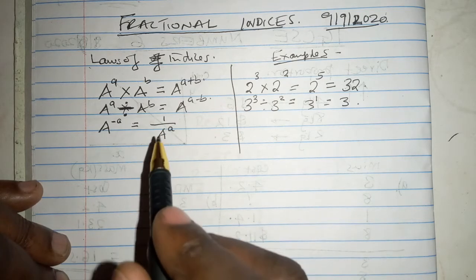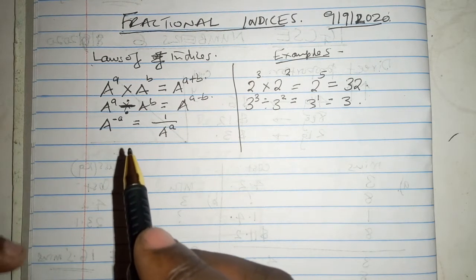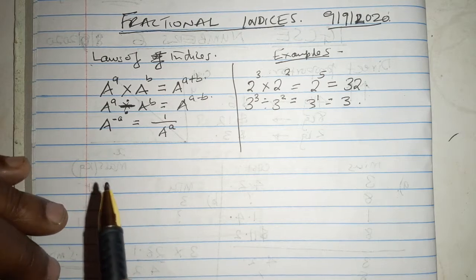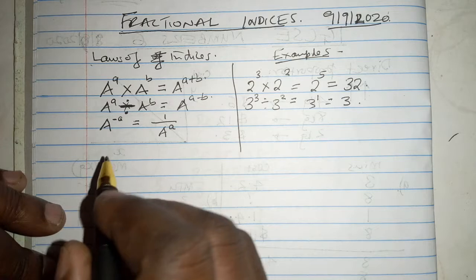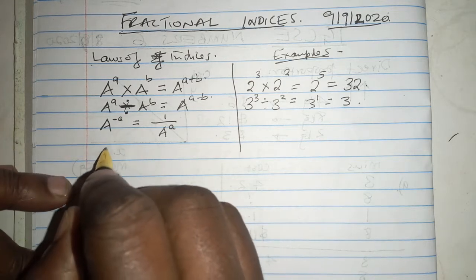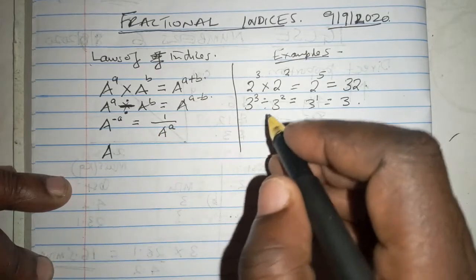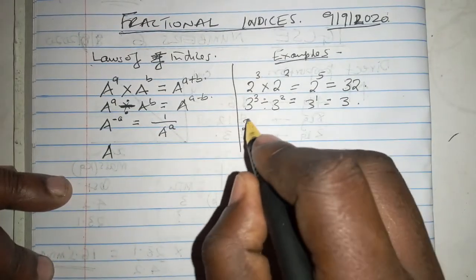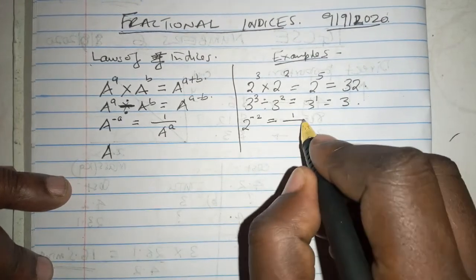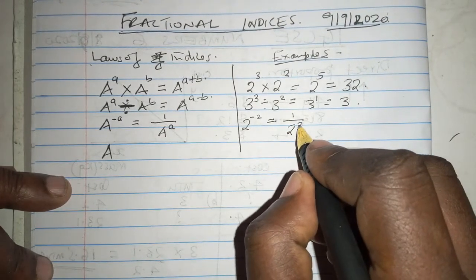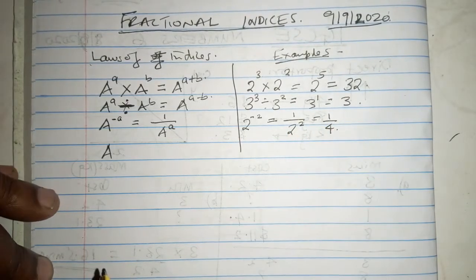In other words, the index of a number reverses its sign when it is written as a reciprocal. Let me give an example. If 2 is raised to negative 2, this is the same as 1 over 2 raised to power 2, which is 1 over 4.